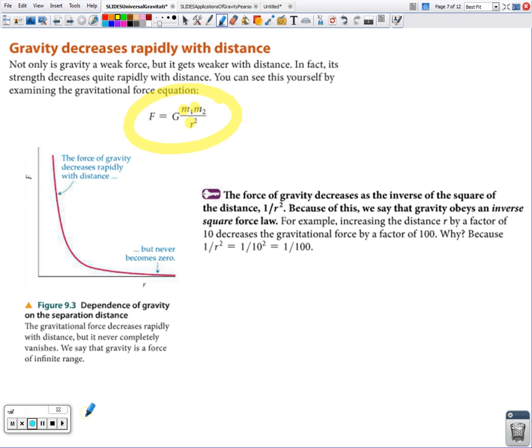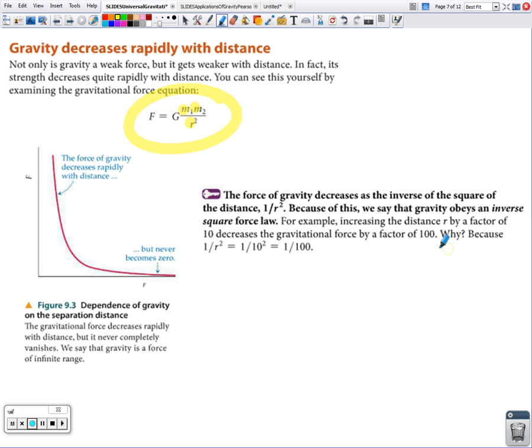Meaning that there is what kind of relationship between force and distance? It's an inverse relationship. Because distance is on the bottom, force is here. Distance gets bigger, force gets smaller. But the important idea is that not only is it an inverse relationship, mathematically we are squaring the distance.